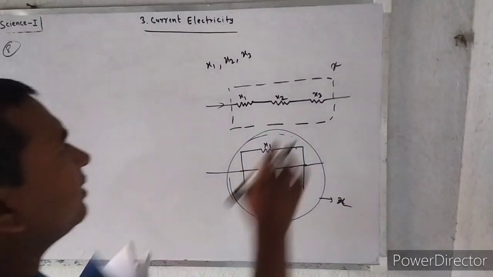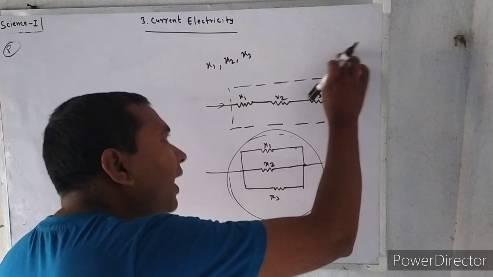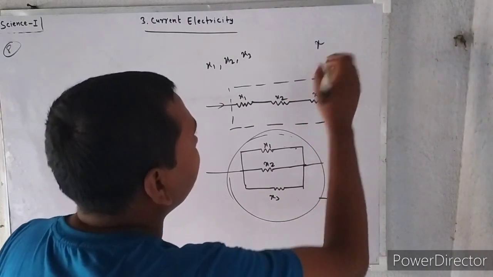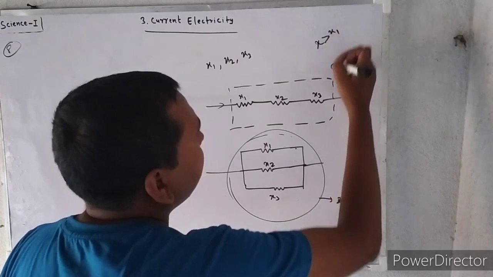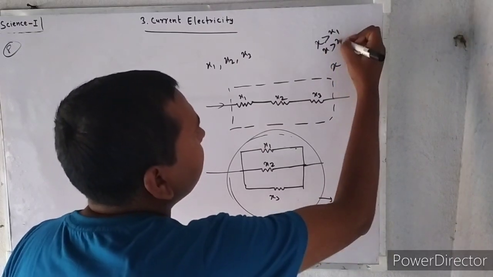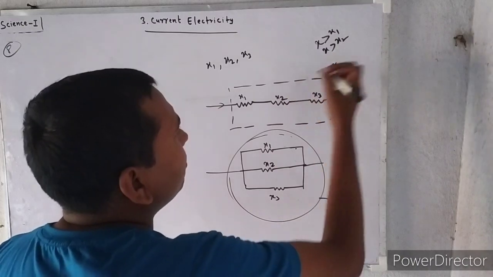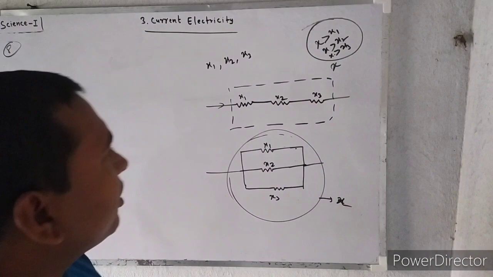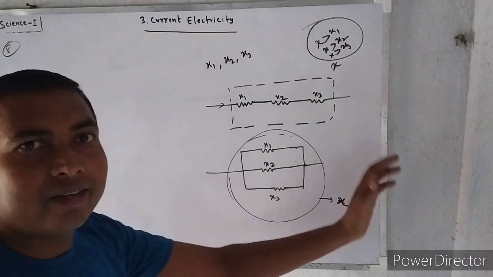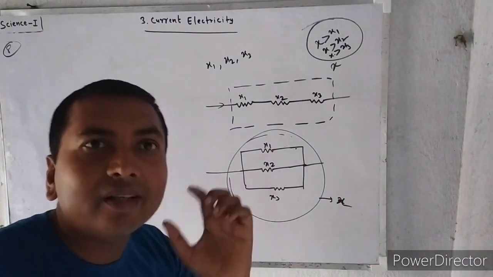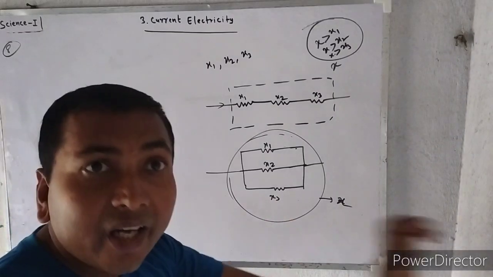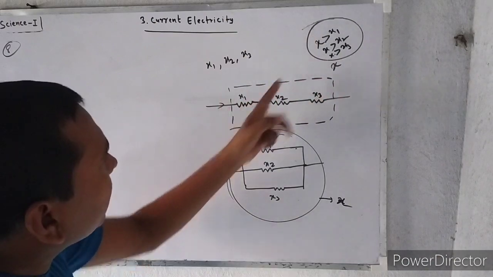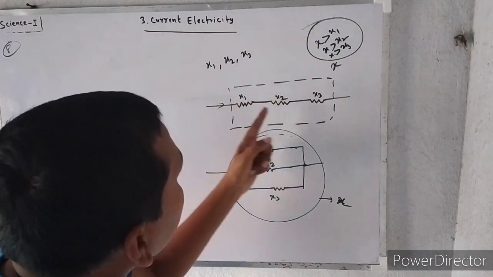So in this case, X will be greater than X1, X will be greater than X2, and X will be greater than X3, because in series combination all the resistances simply get added. Therefore X will be higher than all three resistances, that is X1, X2 and X3.